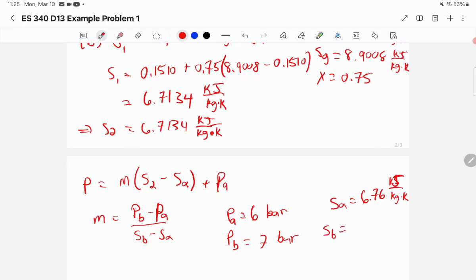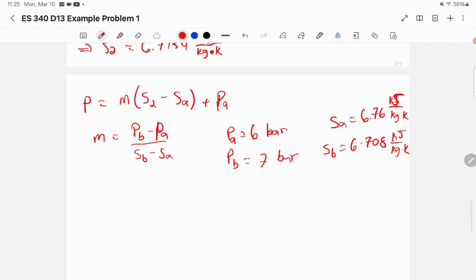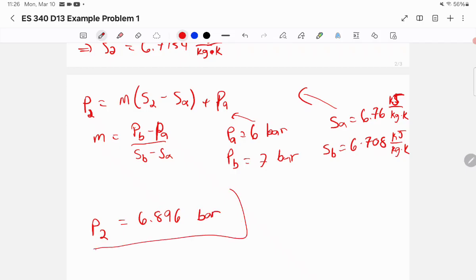SB was equal to 6.708 kilojoules per kilogram times Kelvin. If I substitute all these values into this equation, my P2, which was what we were looking for, comes out to be approximately 6.896 bar. So that was the value I was looking for there.